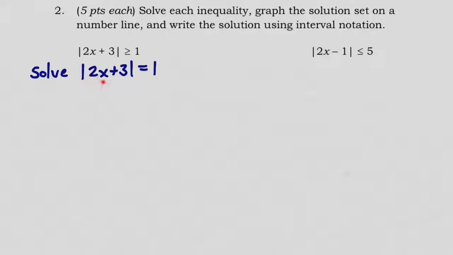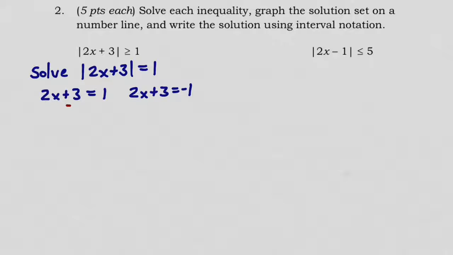Notice that we have a simple linear expression 2x plus 3, set equal to a positive number. And so as we did in the previous examples, I can drop the absolute value, and I get the equations 2x plus 3 equals 1 and 2x plus 3 equals negative 1.